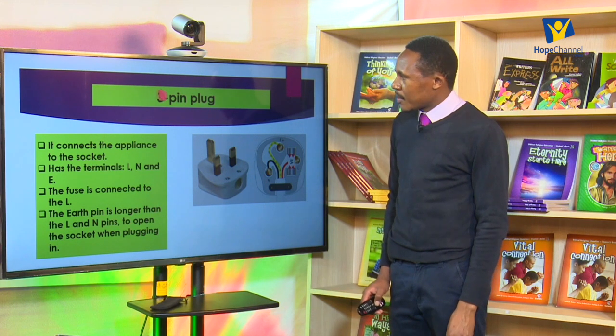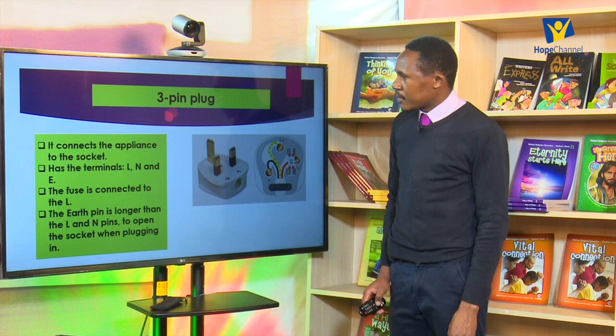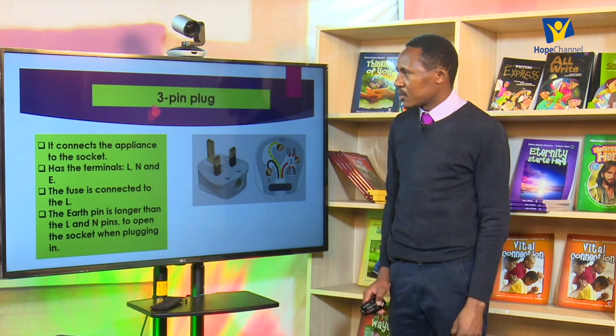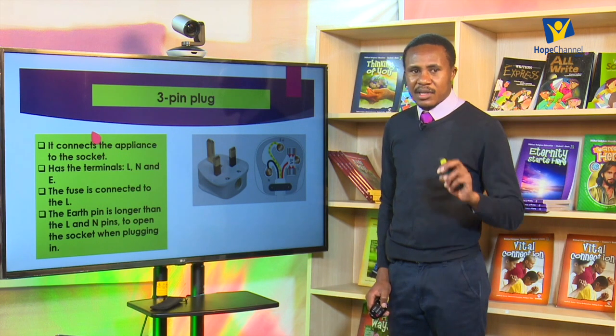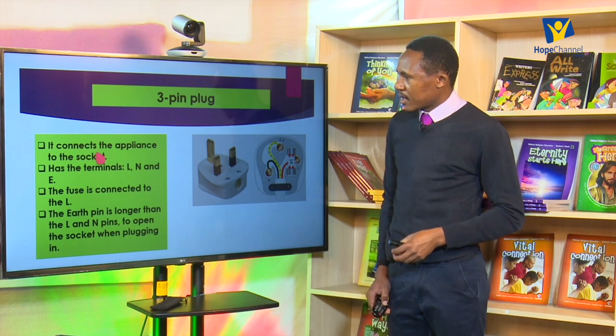Now the purpose of a plug, whether it is a 3-pin plug or a 2-pin plug, is to connect the appliance to the socket. The appliance needs a potential difference for it to function, and so the plug will connect the appliance to the socket from which it's going to draw the potential for it to be used. So the 3-pin plug, just like any other plug, connects the appliances to the socket.